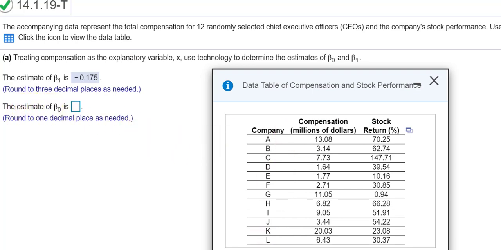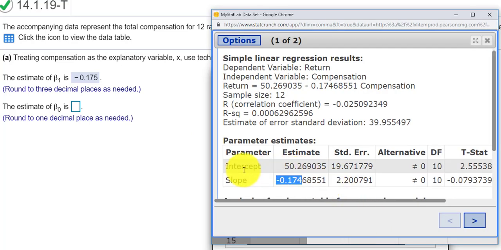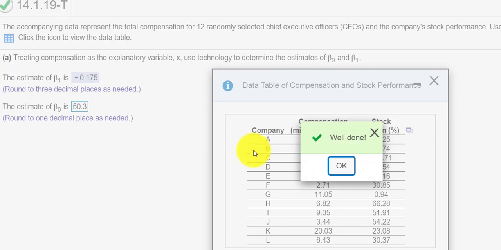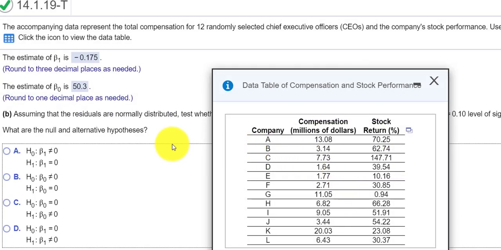That is the y-intercept. Here's my intercept, and it says go to 1 decimal place, so I have to round that up to a 3. I press check answer. Okay, so far we're looking good.